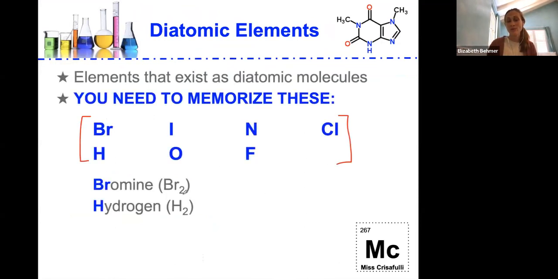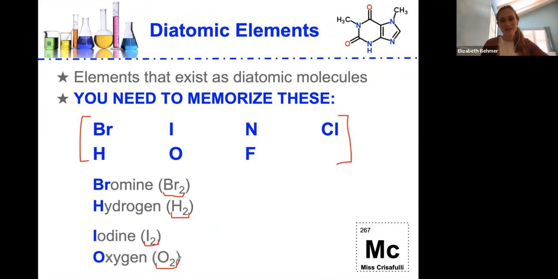So bromine we would write as Br2 because we would show those two bromine atoms bonded together. Hydrogen we would write as H2 to show those two hydrogen atoms bound together. Iodine and oxygen. So a good idea to memorize those diatomic elements.